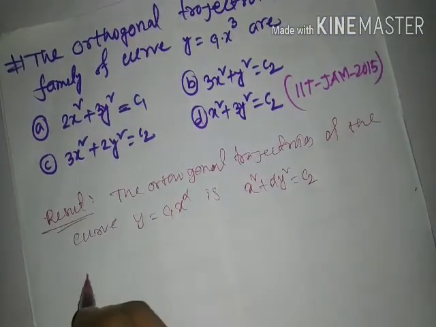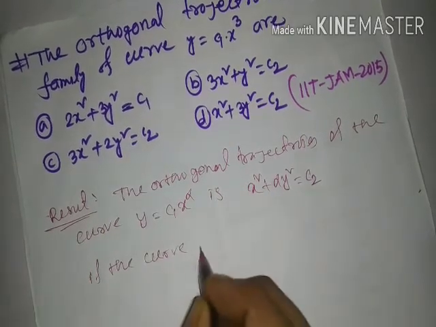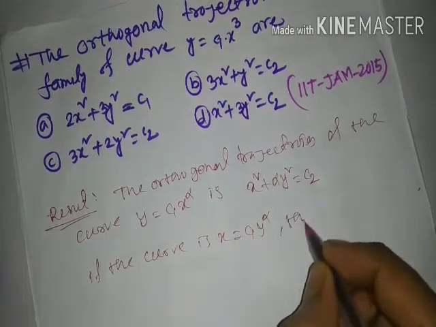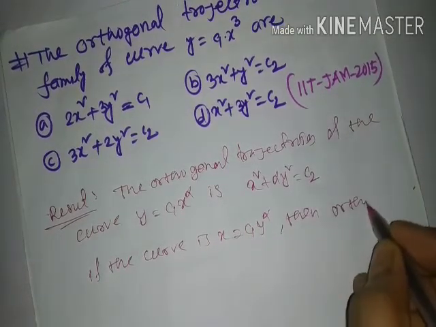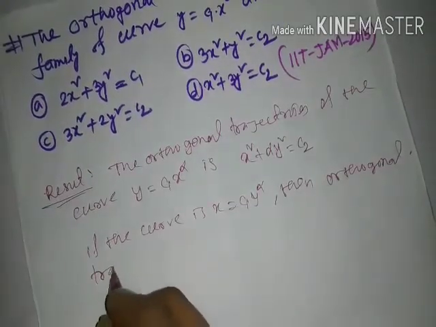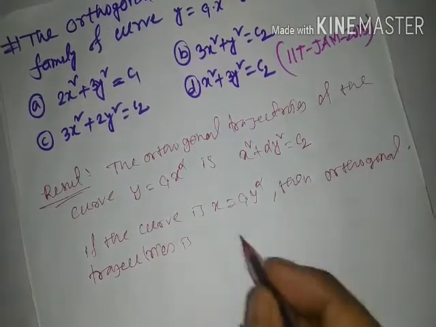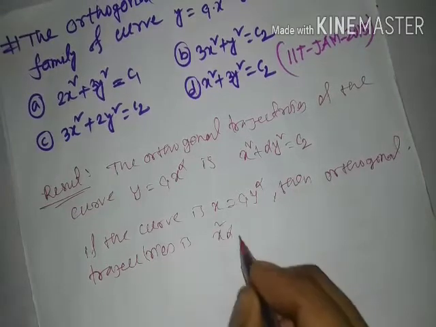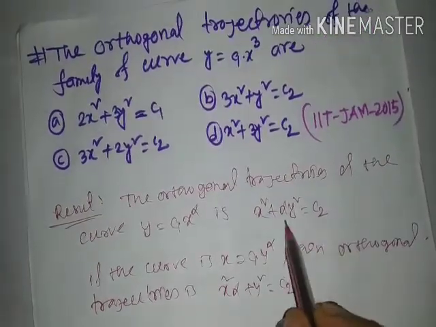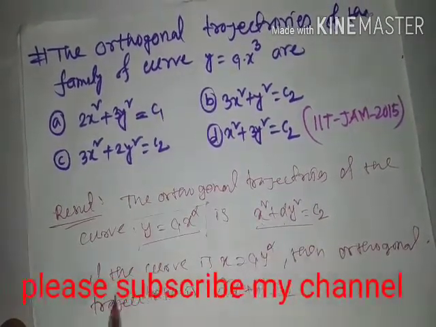Also, if the curve is x equal to c1 y to the power alpha, then the orthogonal trajectory is of a different form, y square equal to c2.